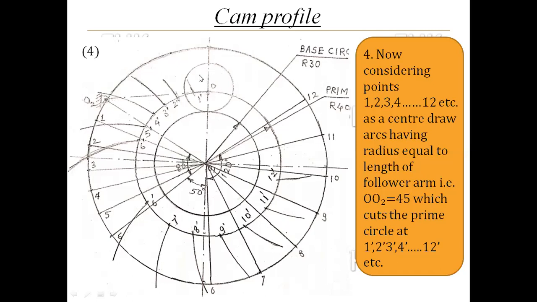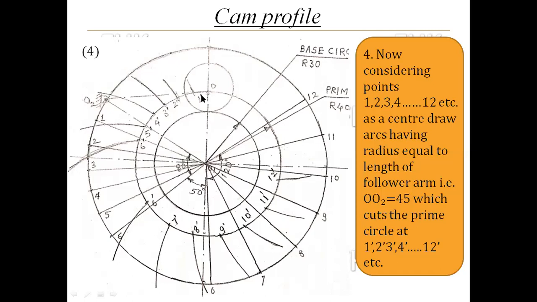Position of the roller goes on changing, but the length of the follower, which is a fixed parameter, the length of the link O2O, is not changing for every position of the follower. So this is the fixed distance. That fixed distance I will take in the compass. And 1 as a center, I will cut the prime circle at point 1 dash.